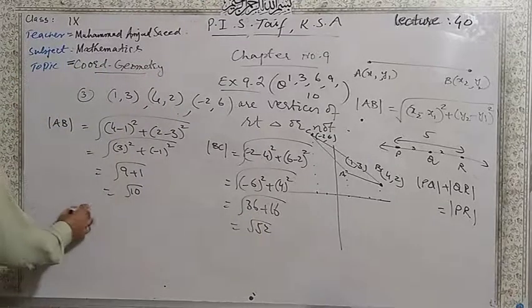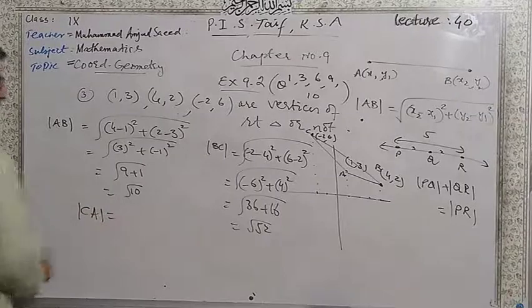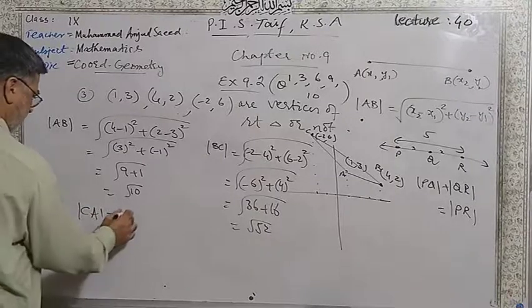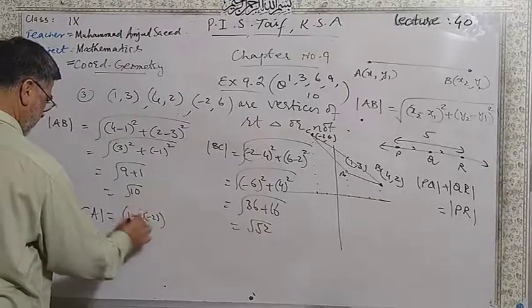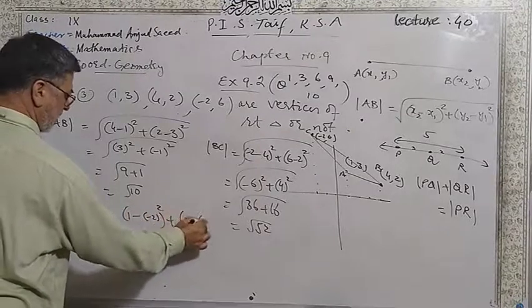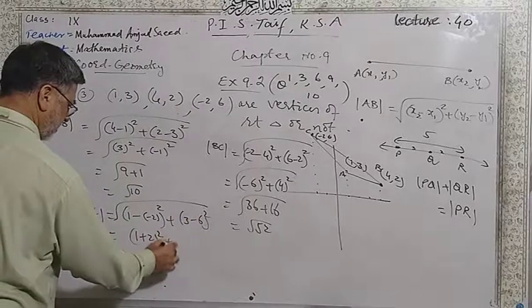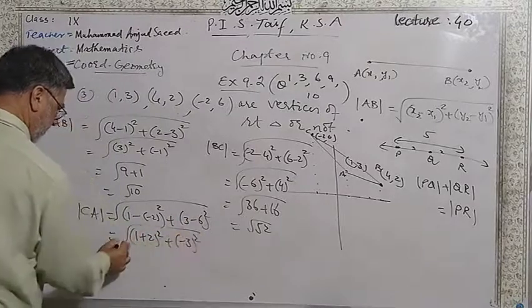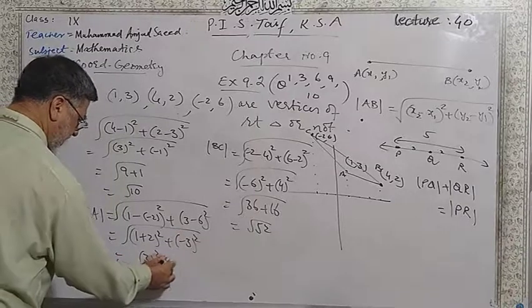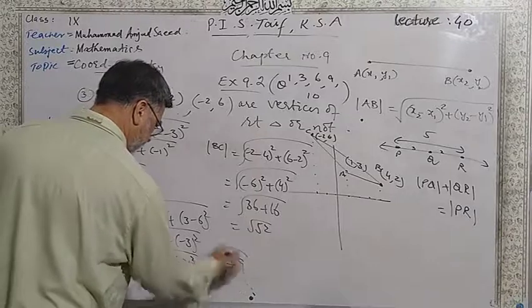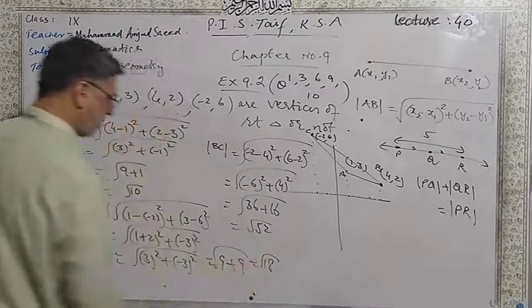Then |CA|: first minus first whole square plus second minus second whole square, whole under root. 1 plus 2 square and minus 3 square, under root. It will be 9 plus 9 under root, which is 18 under root.